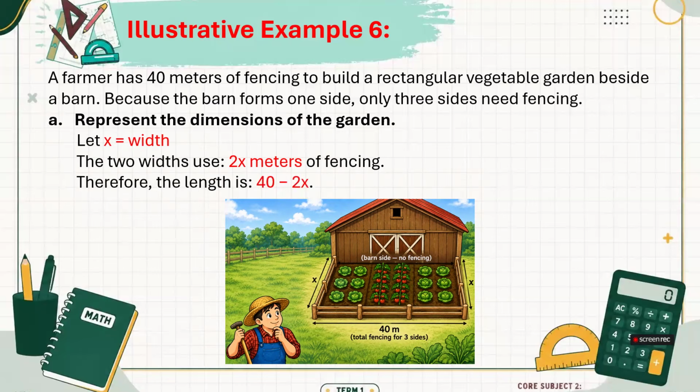So therefore, the remaining fencing is used for the length. So to get the length, we subtract 40 minus twice the width, which is 40 minus 2x. So we have x, which represents the width, and the length, which is represented by 40 minus 2x.